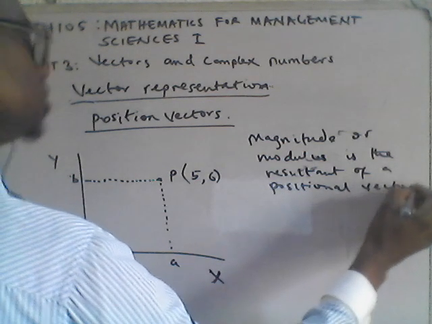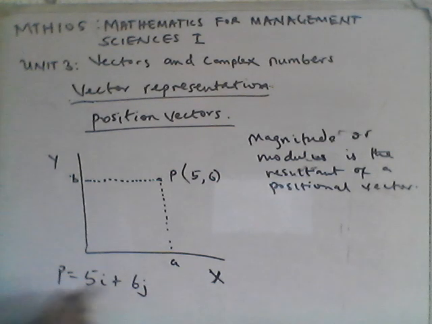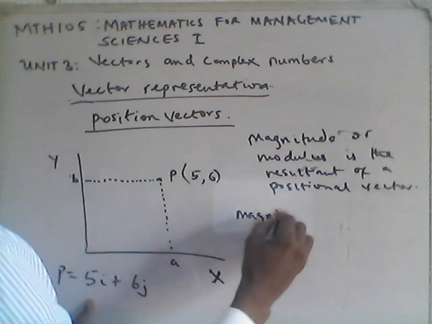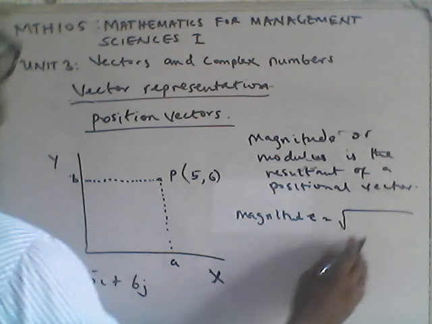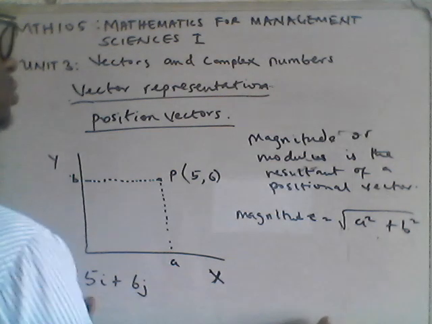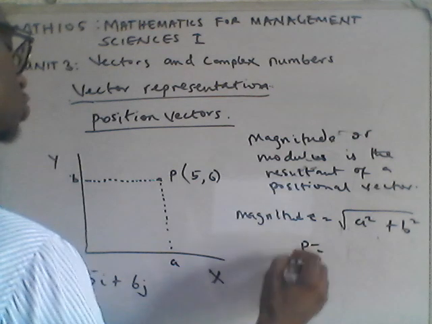Okay, now this is just a simple definition, but when they say for this particular case, find the magnitude or modulus of this, the magnitude will be equal to the square root of the A part squared plus the B part squared. So for this particular case, the magnitude or modulus is represented like this.